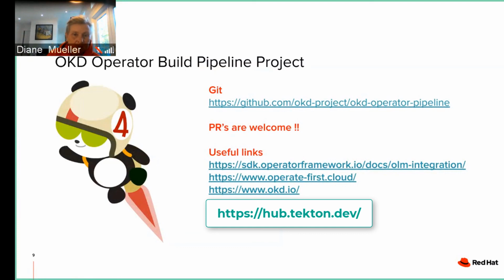So if you have PRs or comments or any issues, you try running this and you have some feedback, something didn't work quite right, please let us know. These things should run on any Kubernetes cluster. So they're not totally specific to running on OpenShift or OKD, but if we put anything in there that is, we want to hear about it.